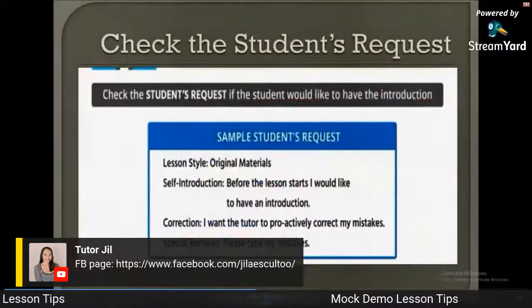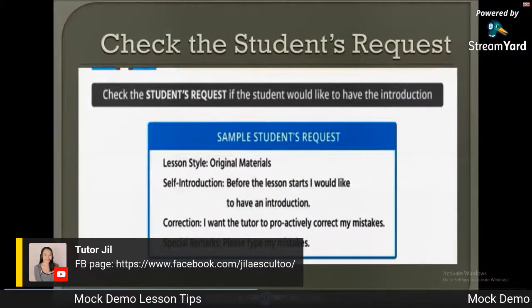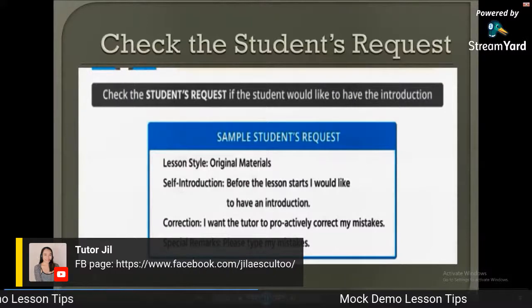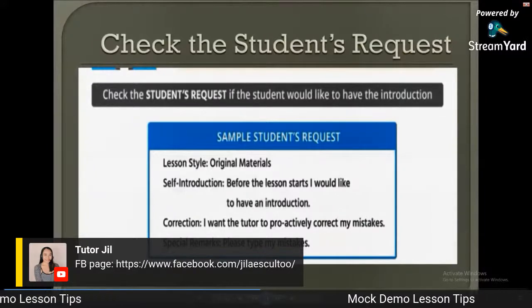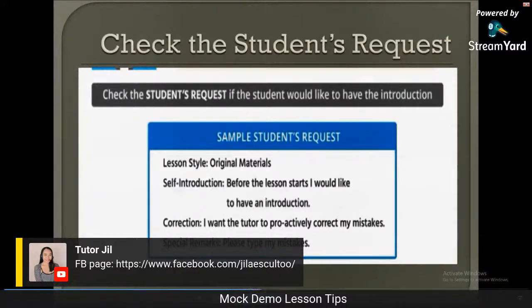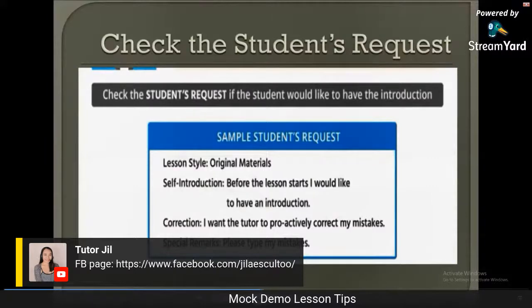As you can see, the lesson style is original materials. For the self-introduction, the student wants to have an introduction before the lesson starts. For correction, I want the tutor to proactively correct my mistakes. And for the special remarks, please type my mistakes.